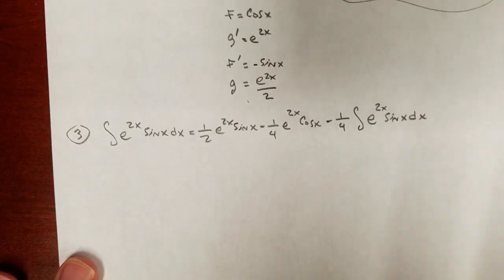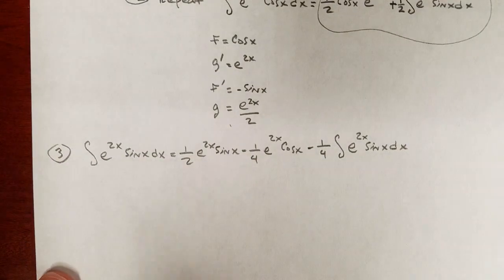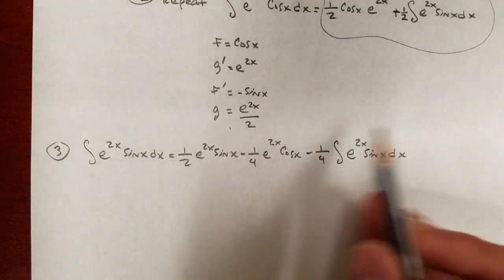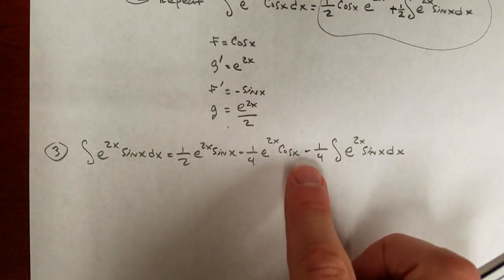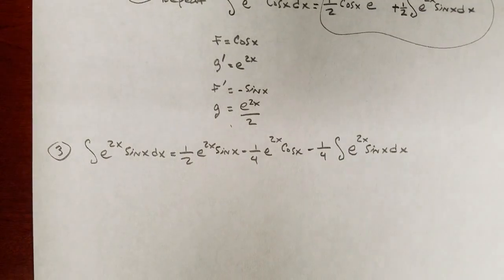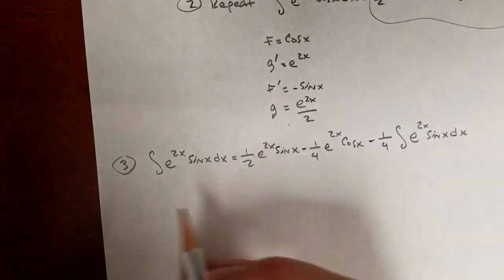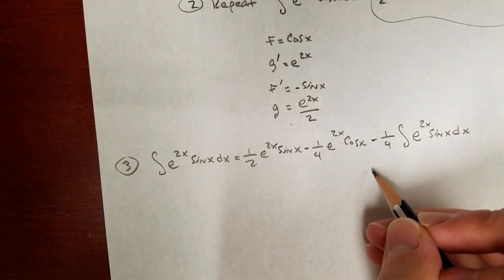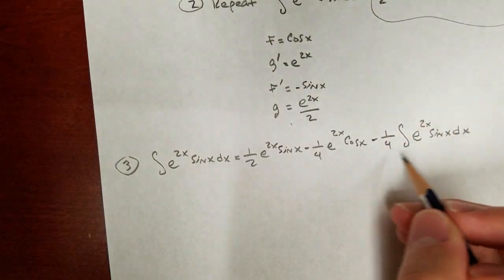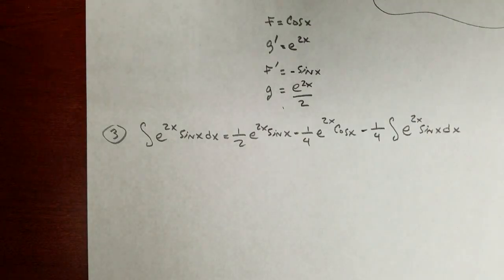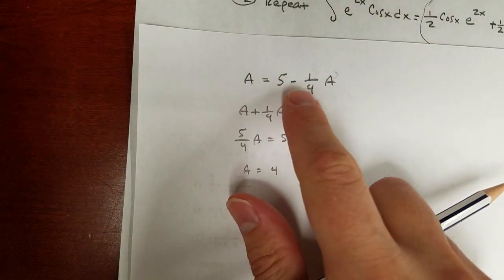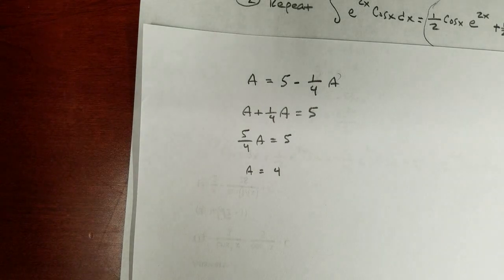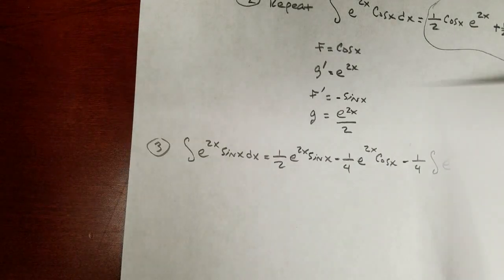So how about this? We will add that to the other side. See this term right here? Say you wanted to solve for it. You would add it. Negative 1/4 is the coefficient. So it's going to look like this. If I add this to both sides, it's sort of like, what's 1 plus 1/4 of the same thing? 5/4, right?